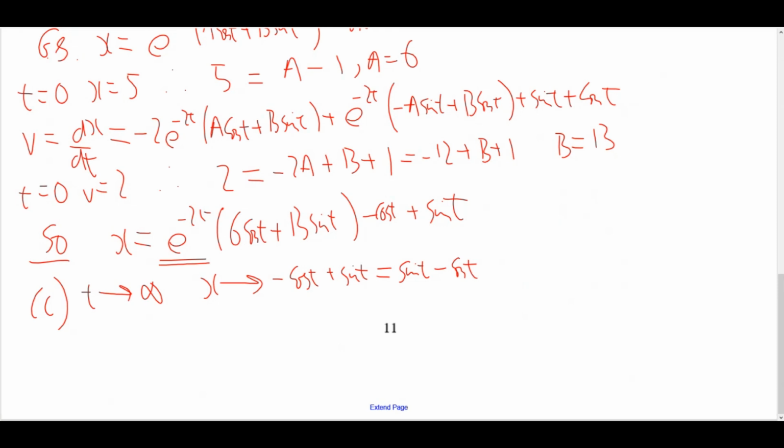To work out the amplitude and the time period, I'm going to rewrite that in the form r sine of t plus alpha or r sine of t minus alpha. So by standard A-level maths methods, this can be rewritten as root 2 sine of t minus pi over 4. So what that means is that x will oscillate or have simple harmonic motion.